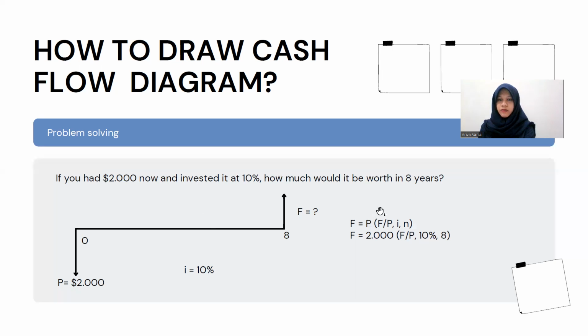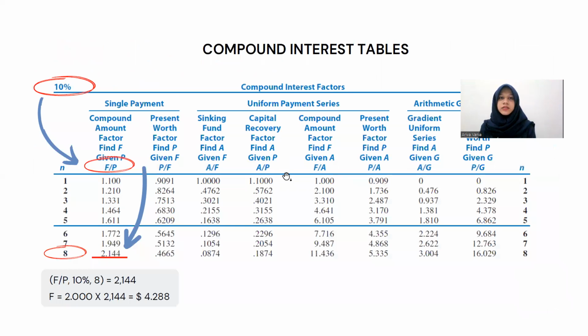Before that, we have to make the formulation F = P(F/P, i, n), where F is the future worth that will be searched, and P is the present worth that is already known. i for interest is 10%, and n for the period is 8 years.